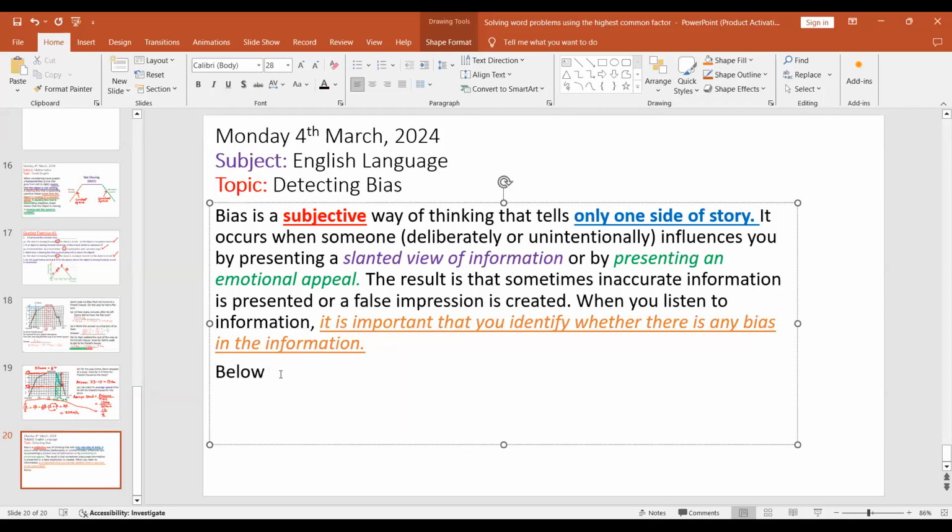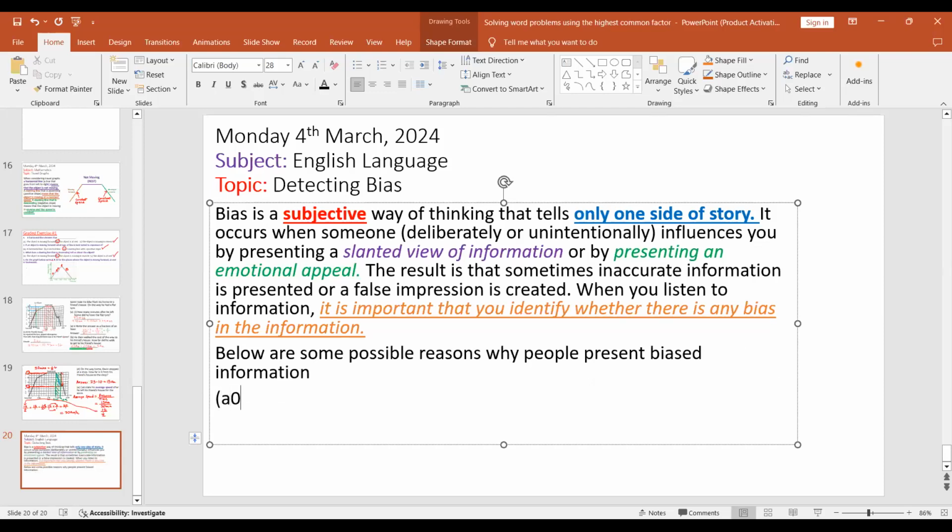So below are some possible reasons why people present biased information.